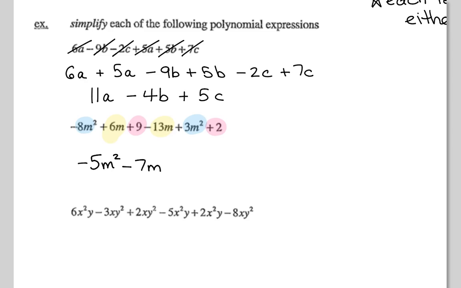And then for the highlighted pink, a positive 9 and a positive 2, when those guys sum total together, they become positive 11. So it's all just a sum total. Positives and positives, or maybe positive and negatives, or maybe negatives and negatives. So you got to go back to those integer operations that you're so familiar with from junior high. Yeah, this should be some review from grade 9, collecting like terms.